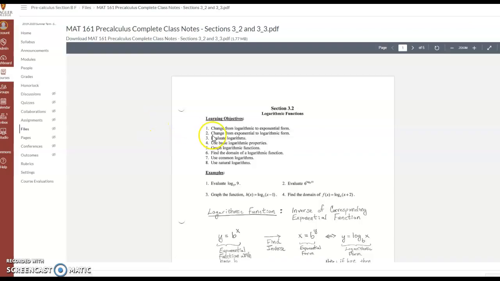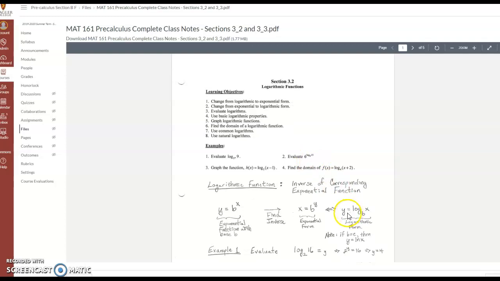All right, so sections 3.2 and 3.3. In section 3.2, we're going to talk about logarithmic functions. Now, logarithmic functions are inverse functions to exponential functions. So, for example, if y equals b to the x, then y equals log base b of x is the inverse function for y equals b to the x. Okay, and we'll talk much more about that, but changing from logarithmic to exponential form and back and forth.